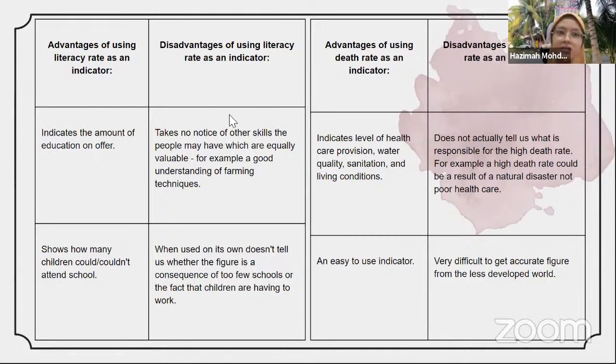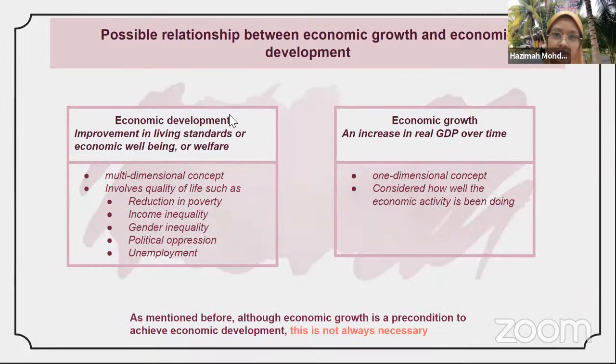Okay, so next is the possible relationship between economic growth and economic development. This is just a recap because we have learned before that economic development, the meaning is improvement in living standards or economic well-being or welfare, and it involves multi-dimensional concepts such as reduction in poverty, income poverty, and inequality.